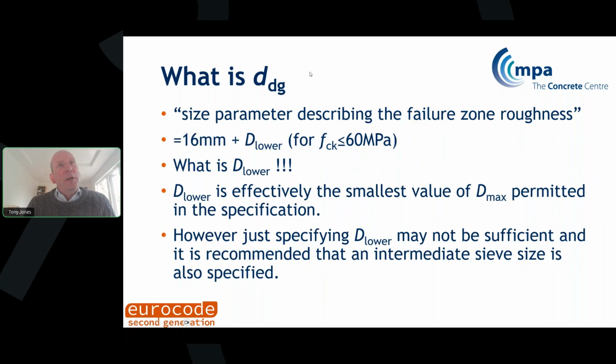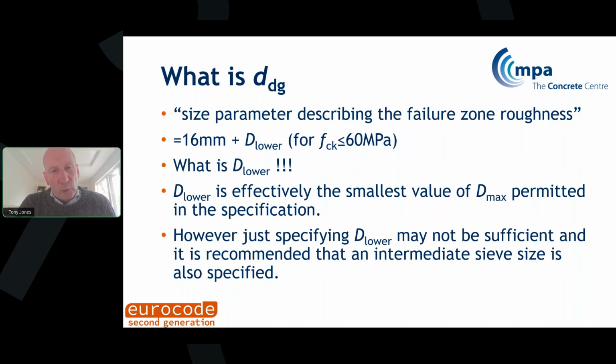So in that equation I showed you, there was a parameter dg, and that is a parameter that describes the failure zone roughness, and that in turn is a function of the aggregate size typically. And the equation is given as 16 mm plus D lower. For many UK engineers, the next question is, what is D lower?